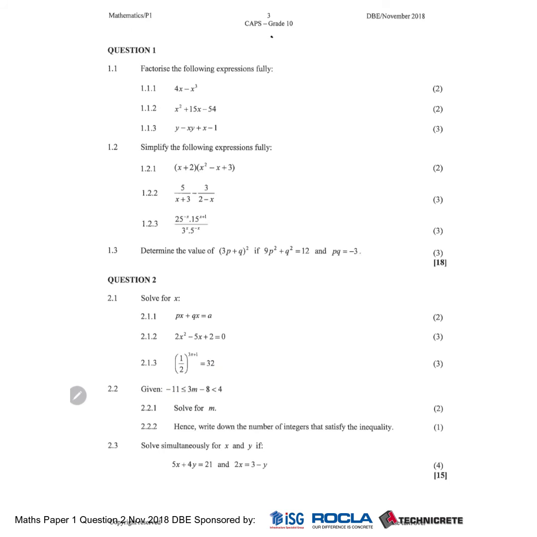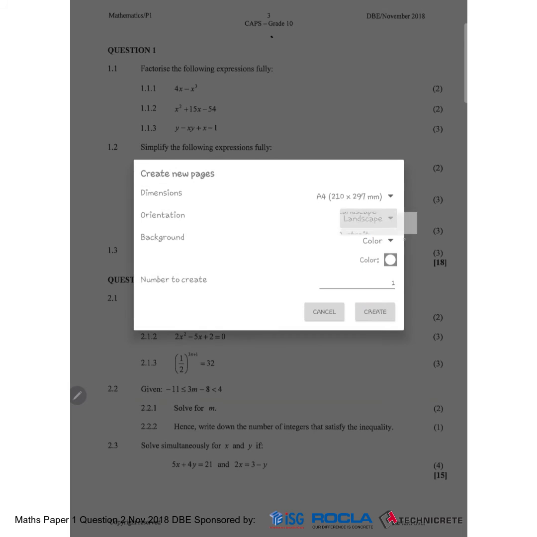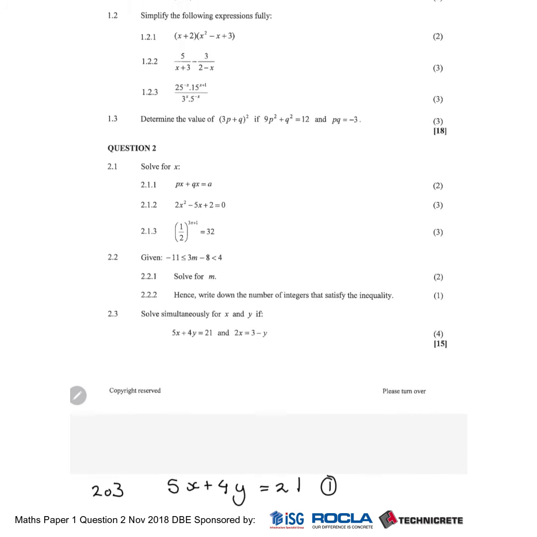Now we're going to be moving on to 2.3. We have to solve simultaneously for x and y, if 5x plus 4y is equal to 21 and 2x is equal to 3 minus y. Let's write down our equations. 5x plus 4y equal to 21, that's our first equation.